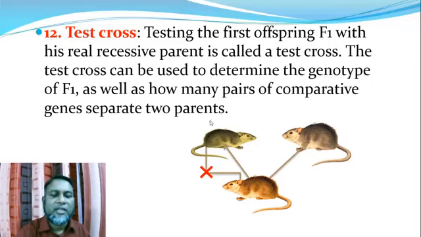The thin rat is recessive, the healthy rat is dominant. We get a healthy rat as F1 or offspring. When we cross this healthy rat with the recessive thin rat, this is called a test cross.